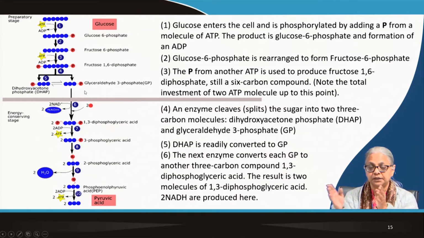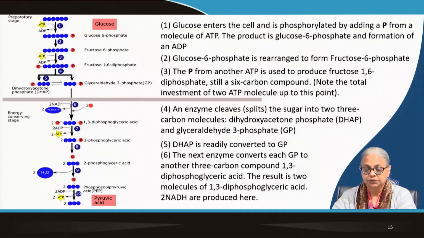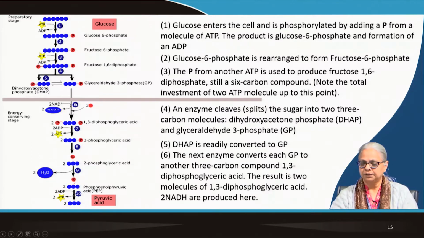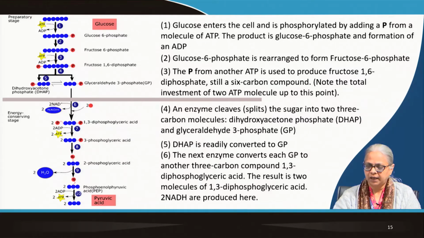Now these two are interchangeable compounds. So assuming that G3P is dominant, we then go to the next step. I think G3P dominates in solution, and yes, DHAP is readily converted to G3P, and the next enzyme will convert whatever G3P is formed to the next compound.